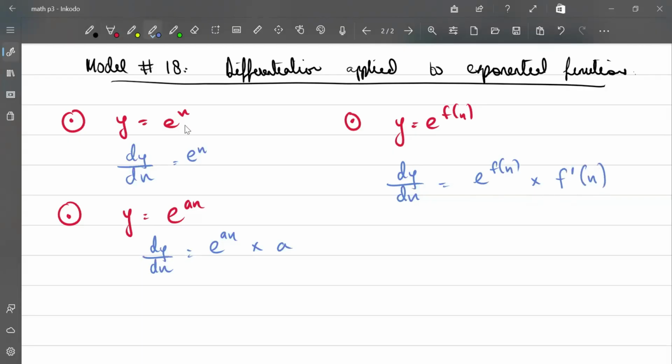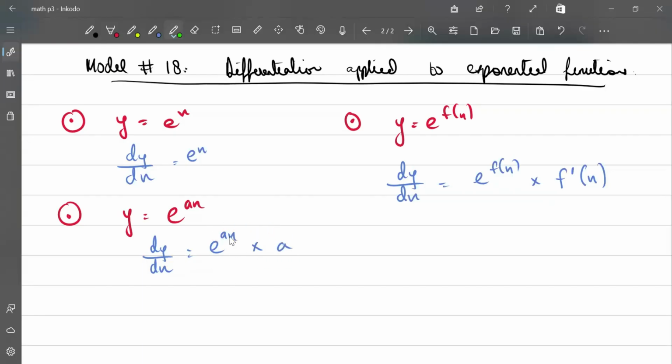So that's what's happening here. For y equals e^x, dy/dx is e^(f(x)) into f'(x), and the differential of x is 1, so dy/dx is pretty much the same. And here as well, when y is equal to e^(ax), dy/dx is e^(ax) into the differential of f(x), which is a.